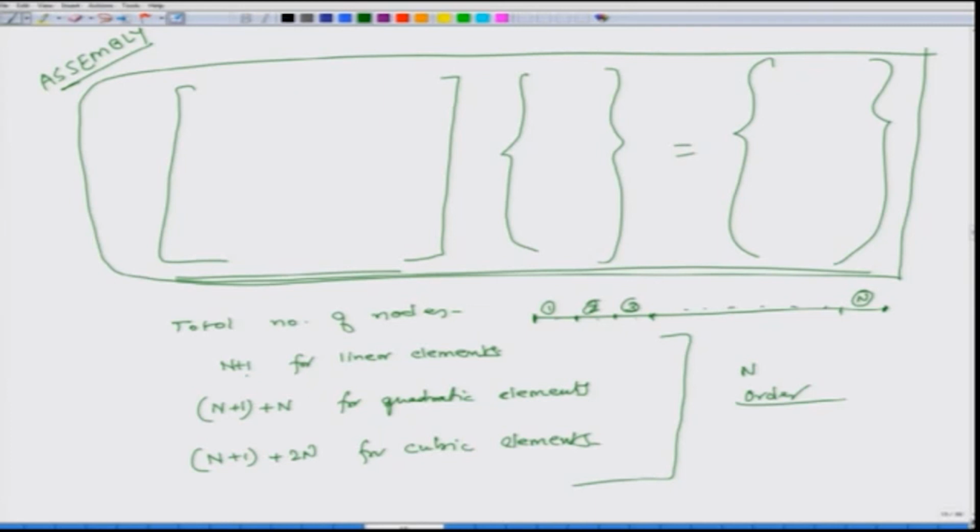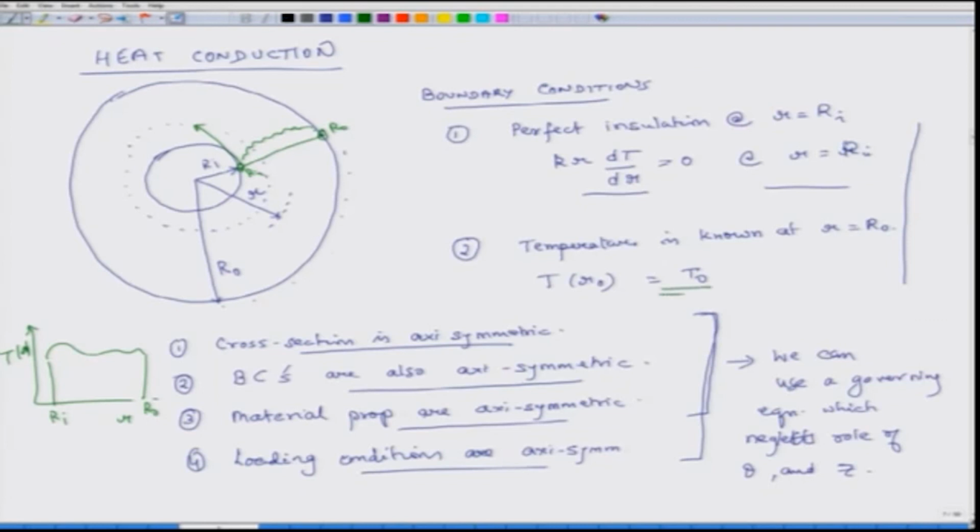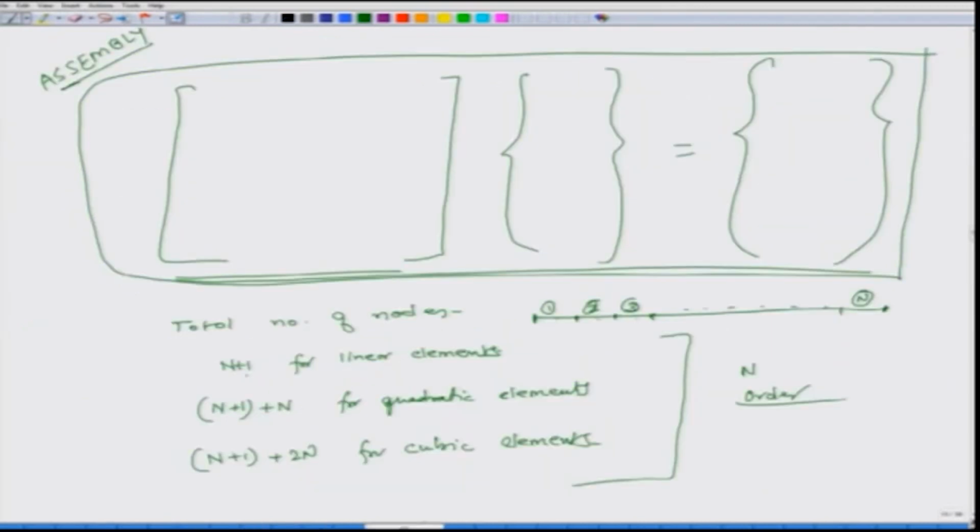Once all the equations have been assembled, I ask what my boundary conditions are. The first boundary condition is that the temperature at the outside radius is T naught. So I go to my assembly, and T naught corresponds to the last node.